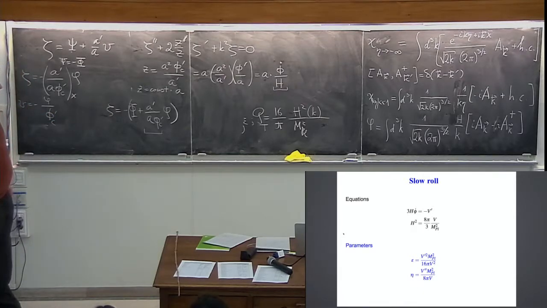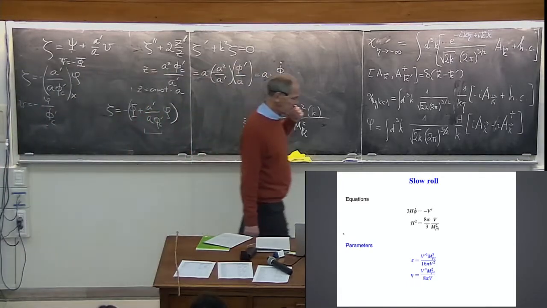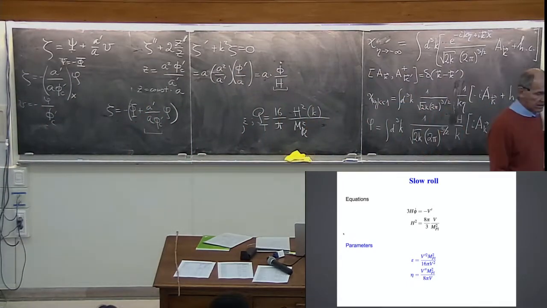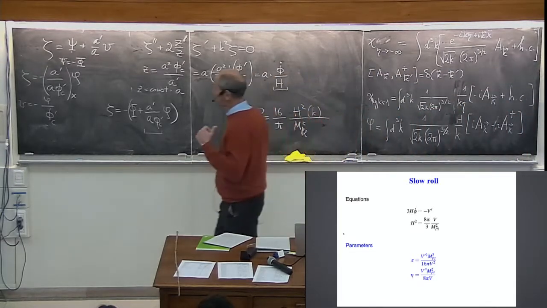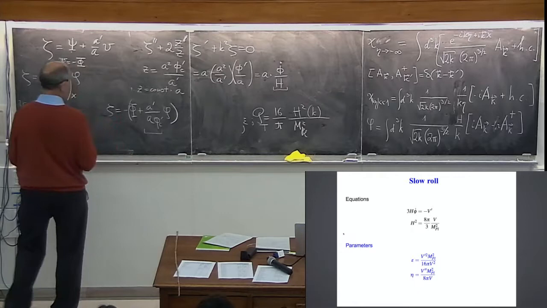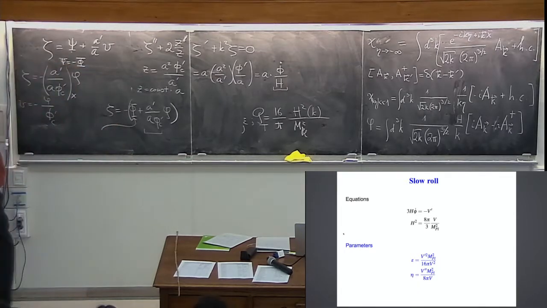Now, early in the epoch when the perturbations were sub-horizon, this phi potential is small. You can show that. It's suppressed by 1 over k squared.